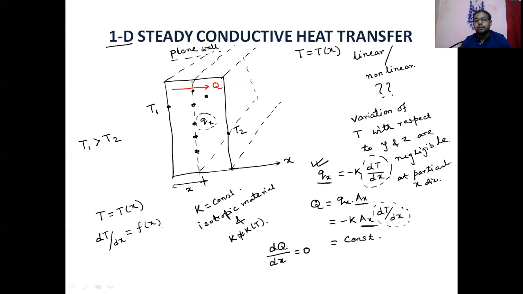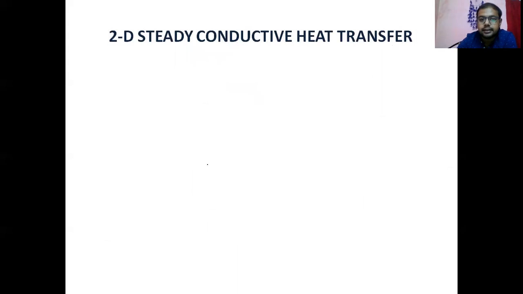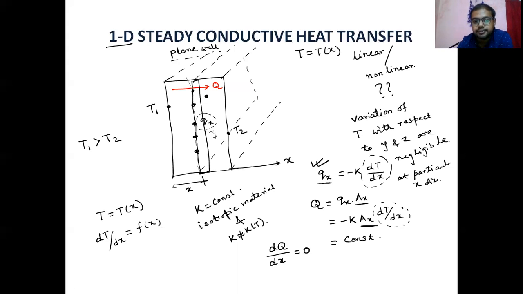That is the implication I'm going to give you, how mathematically we can say it. In that case, you have to take one small element at this x distance. How it will look like, we'll see it in the SSC.